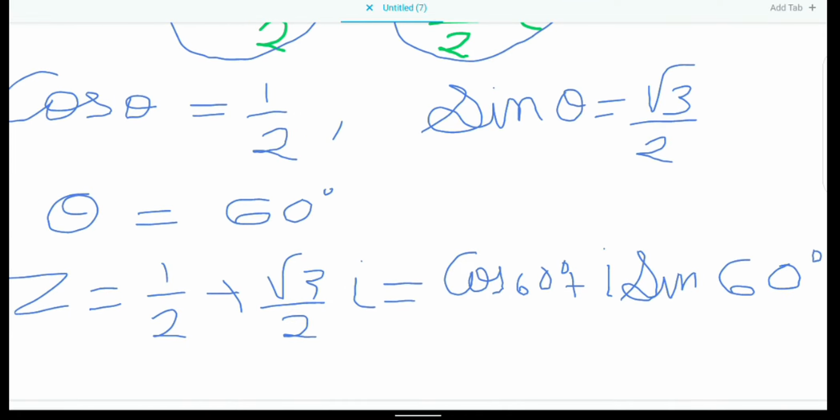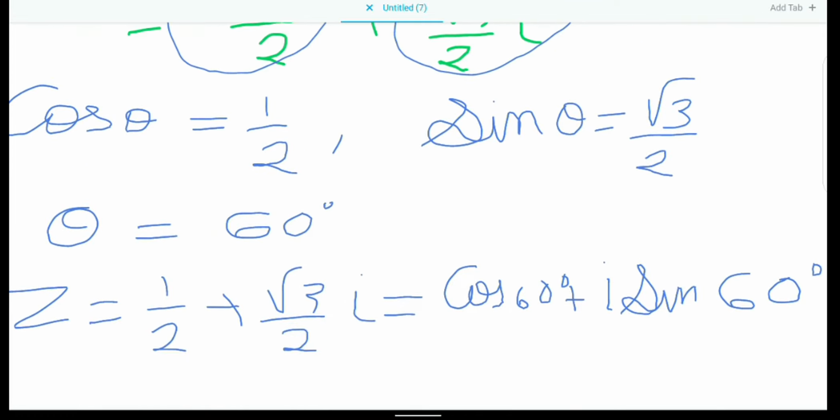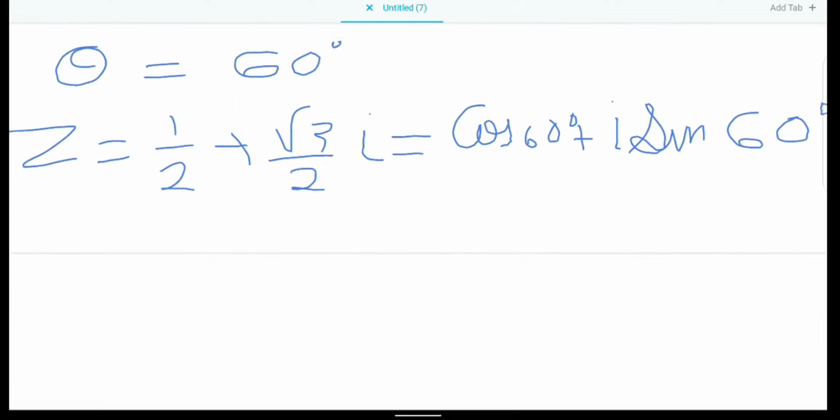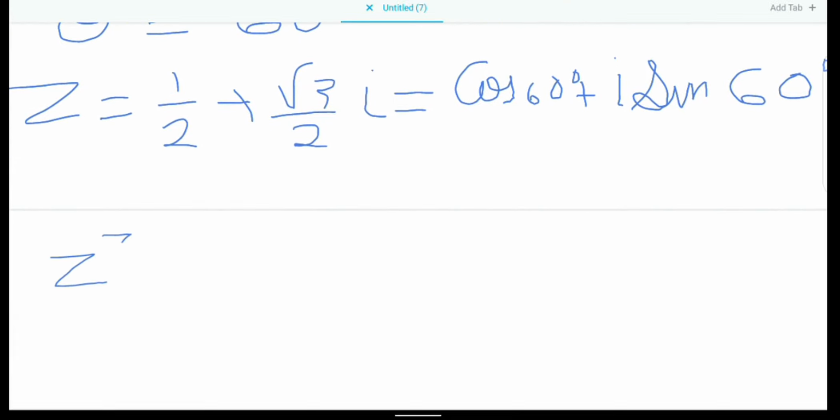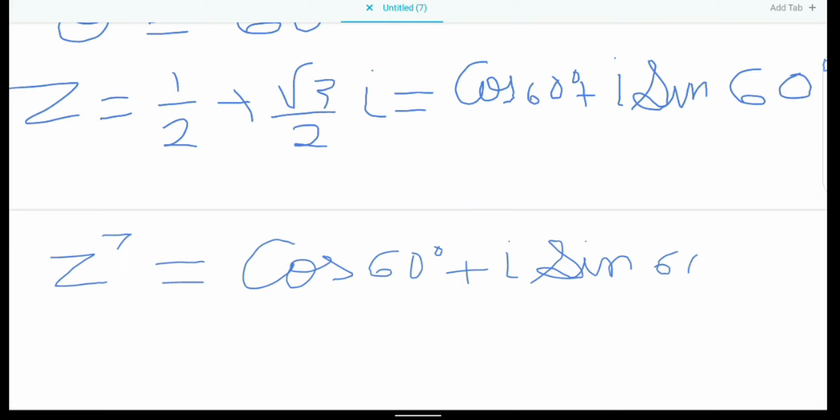So we have written it in polar form. But the question is saying find z to the power 7. That is equal to (cos 60 degrees + i sin 60 degrees) to the power 7.